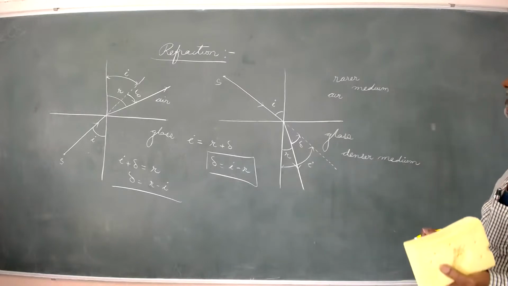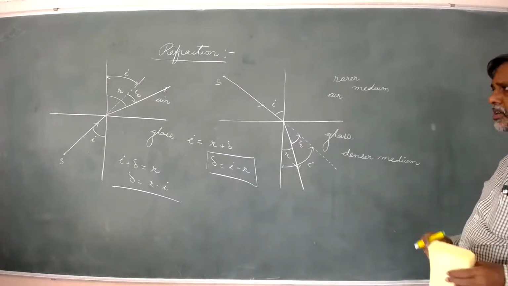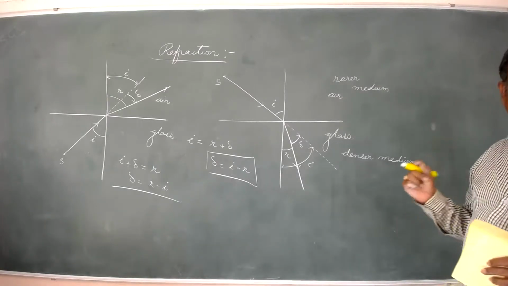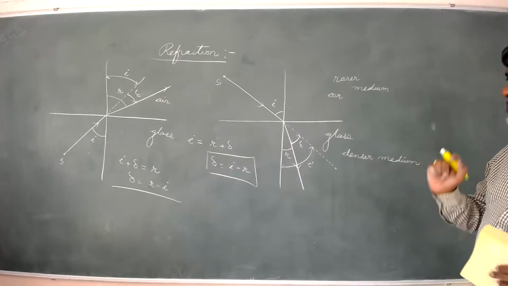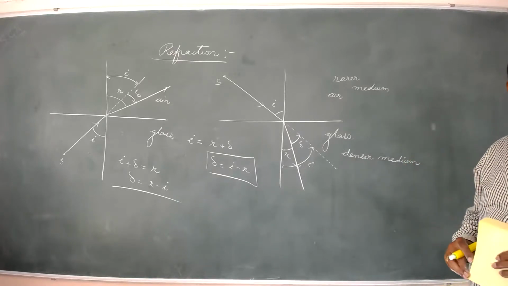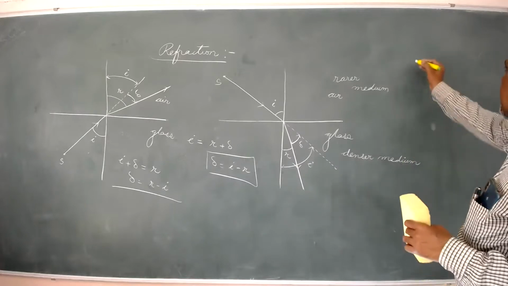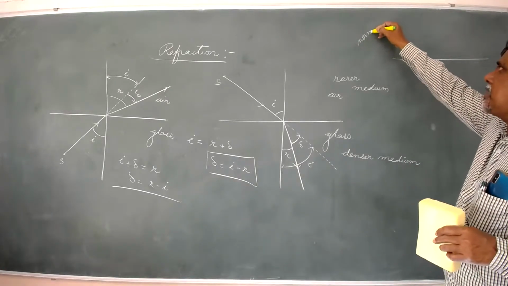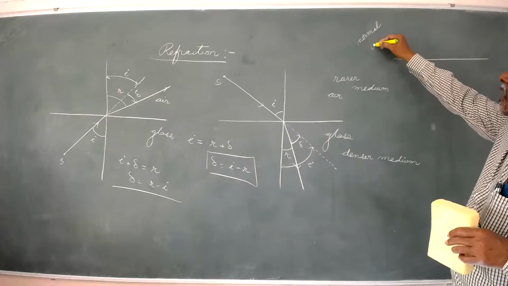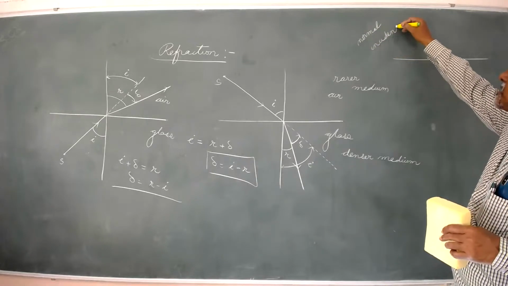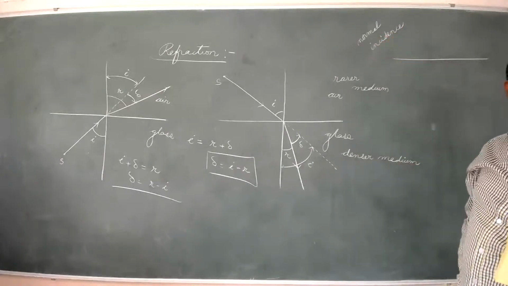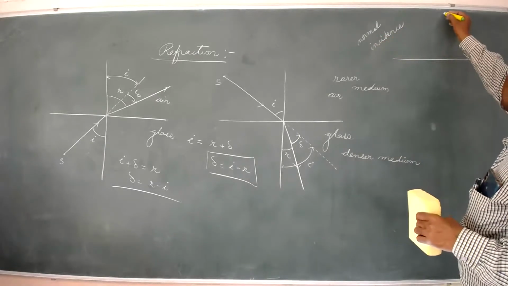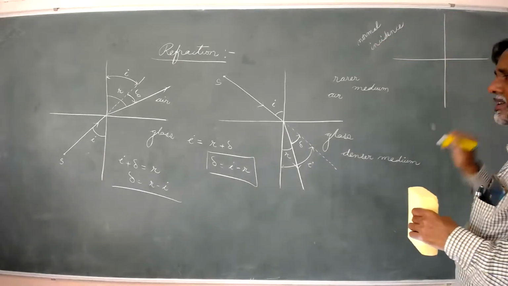But sometimes in nature, we come across situations in which the light ray is incident on the refracting surface normally, meaning perpendicularly. Normal incidence, we call it. This can be taken as the third situation. Normal incidence. So now this is normal incidence over here.